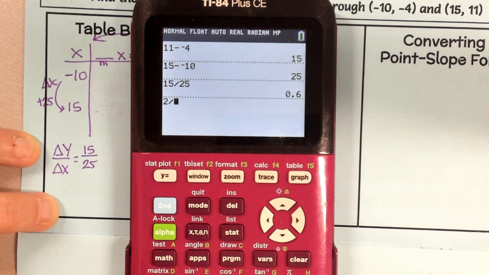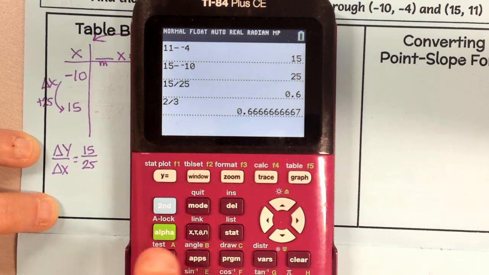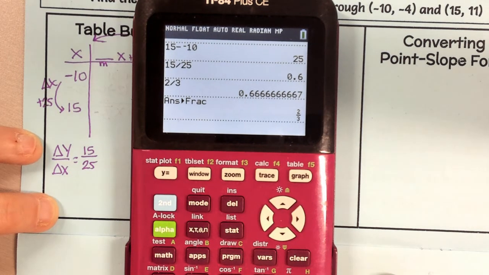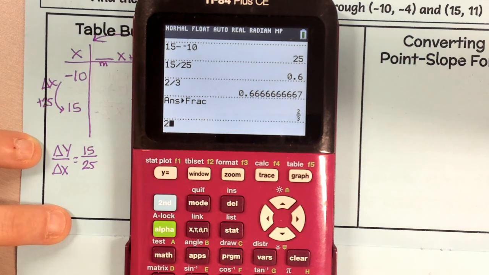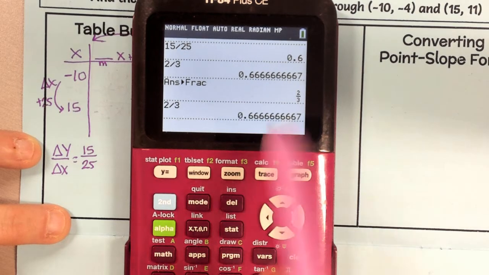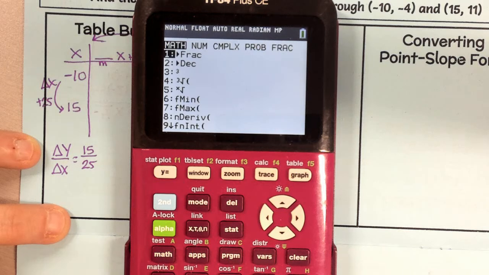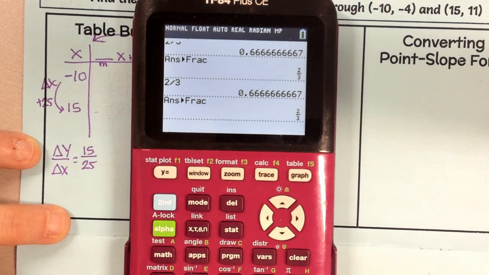Now, if it gave you something like that, then you'd have to turn it into a fraction. That all happened really fast, didn't it? So let's pretend that you got something like this. If you hit the math button right here, math, enter, enter, it'll turn it into a fraction for you.